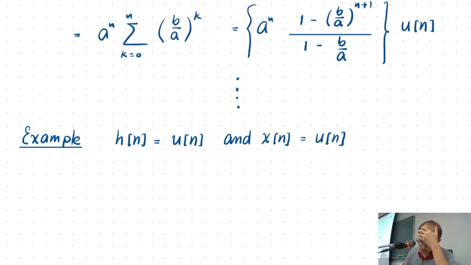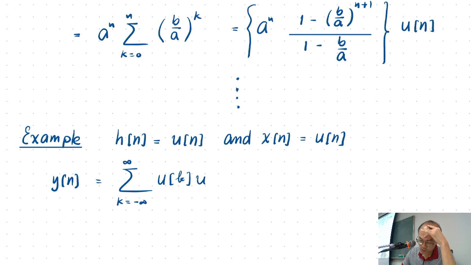So in this example, the zero state response is, I'm gonna leave all the unnecessary details and cut to the point, the sum from minus infinity to infinity of u[k] and then u[n minus k].